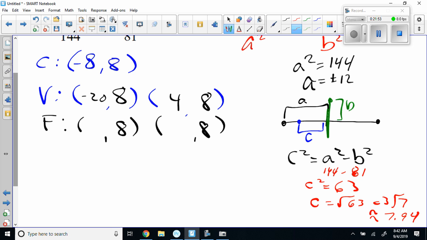No. -15.94, ladies and gentlemen. Come on, basic calculator skills. Yeah, I went to the left first. Now, let's go up. If I'm at -8 plus 7.94, what am I at? -0.06. Okay?